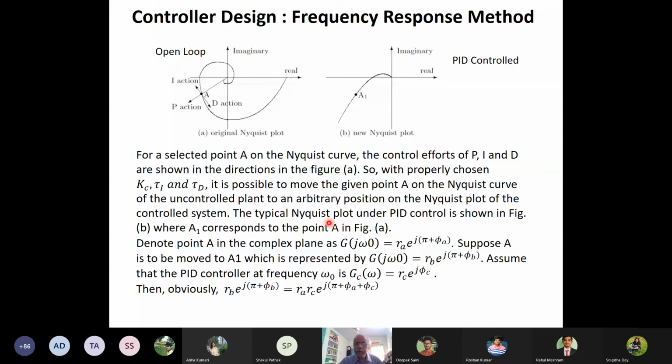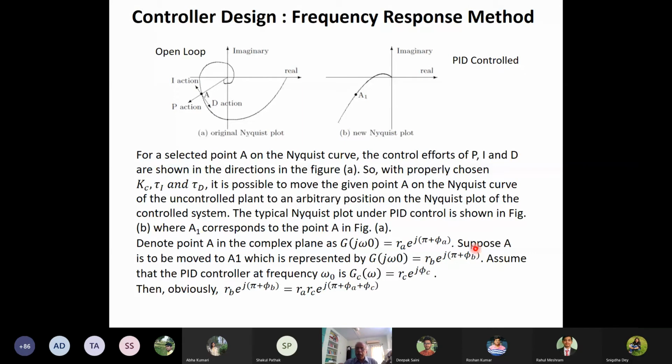So here, in this typical Nyquist plot for a process under PID control, A1 corresponds to the point A. So we say for point A in the complex plane, G(j omega 0) is Ra e to the power j (phi plus phi a). At this point, the value of frequency is omega 0, let's say. And at this point, at the same frequency omega 0, G(j omega 0) is equal to Rb e to the power j (phi plus phi b).